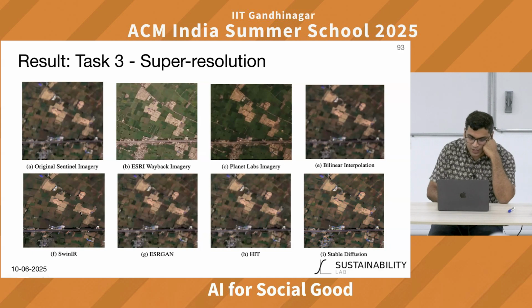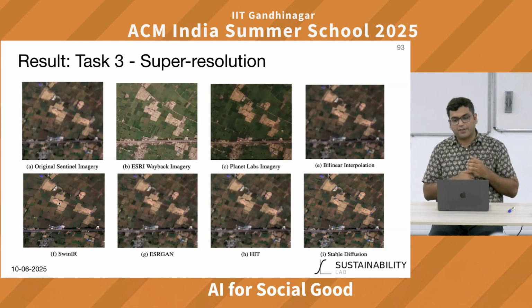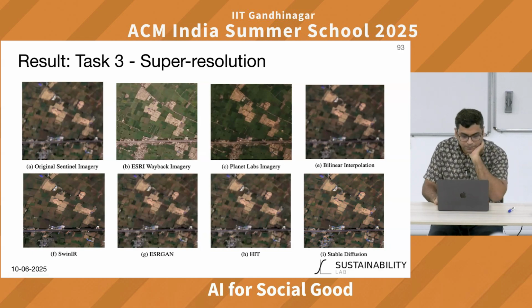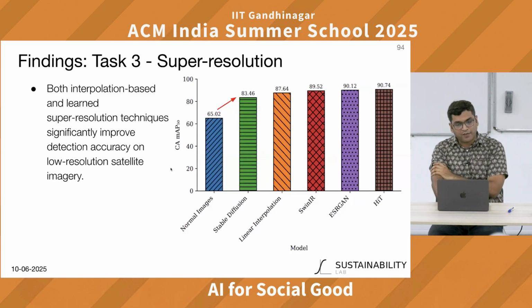This one seems to be sharpened out a lot. So we also have to see whether the benefits are coming more due to sharpening or more due to the increase in resolution. We can see the improvement in the class agnostic map by about 15 to 18 units, which is quite significant.